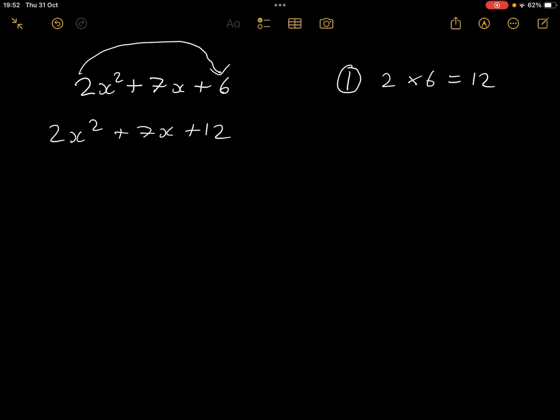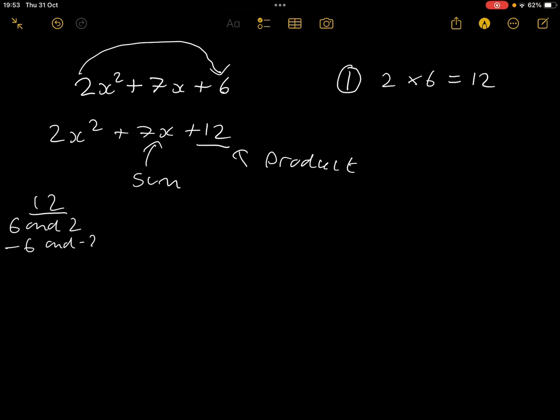So you're now in the situation where you can do a similar thing to what you did before. You want two numbers whose product gives that, and whose sum gives that. So if we write down the factors of 12, you've got 6 and 2, minus 6 and minus 2, 12 and 1, minus 12 and minus 1, 3 and 4, minus 3 and minus 4.